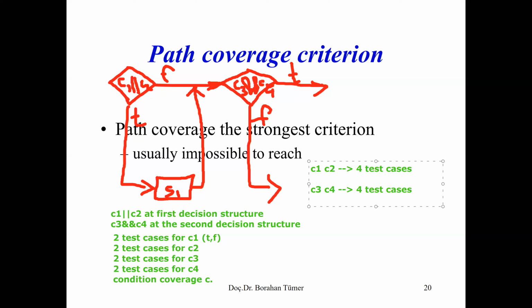That will in total give us 8 test cases. So this here is multi-condition coverage criteria. Do you understand this one?